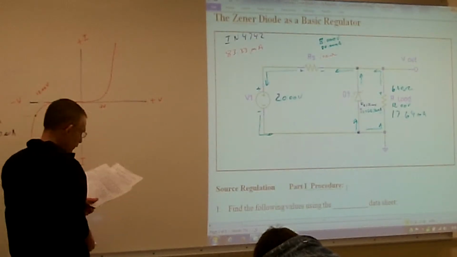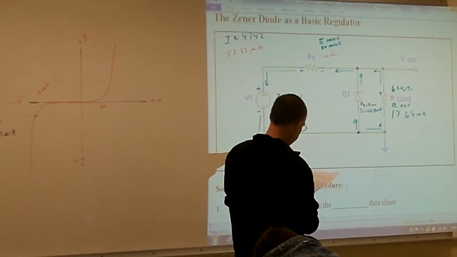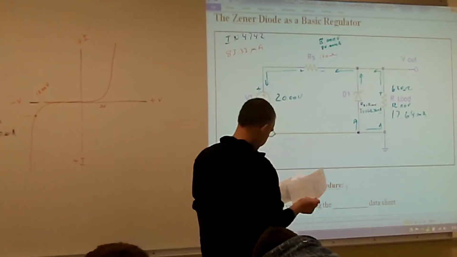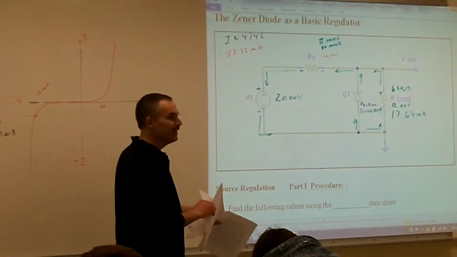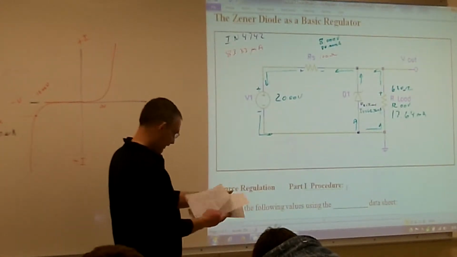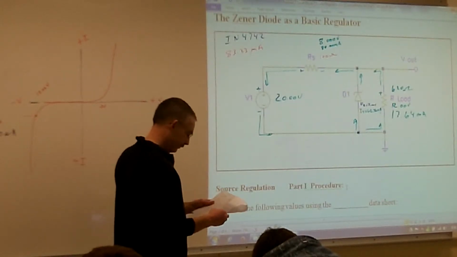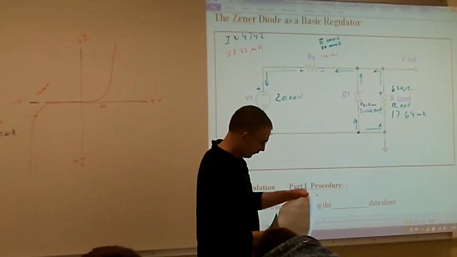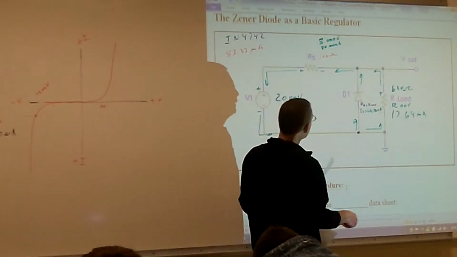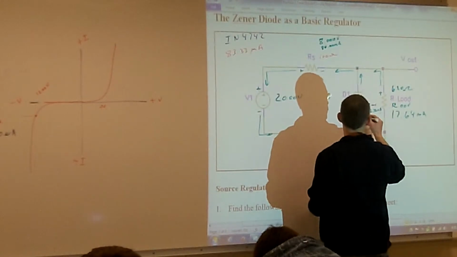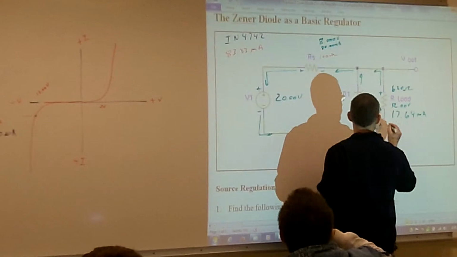So what's the resistance of my Zener? It should be equal to 192.4 ohms.